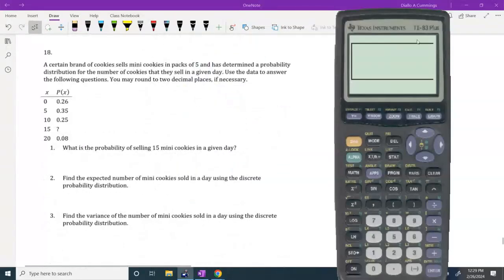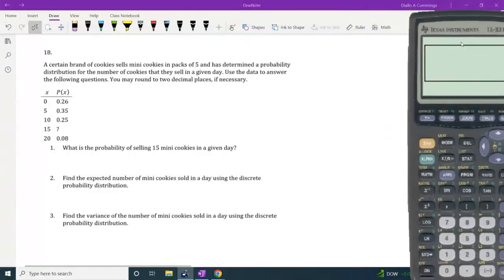All right, number 18. It says a certain brand of cookies sells many cookies in packs of 5, and a distributor has determined a probability distribution for the number of cookies that they sell in any given day. Use the data to answer the following question.